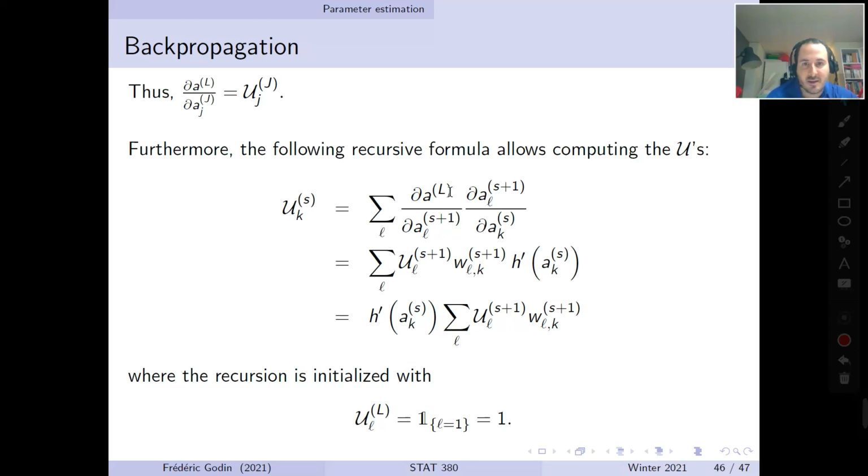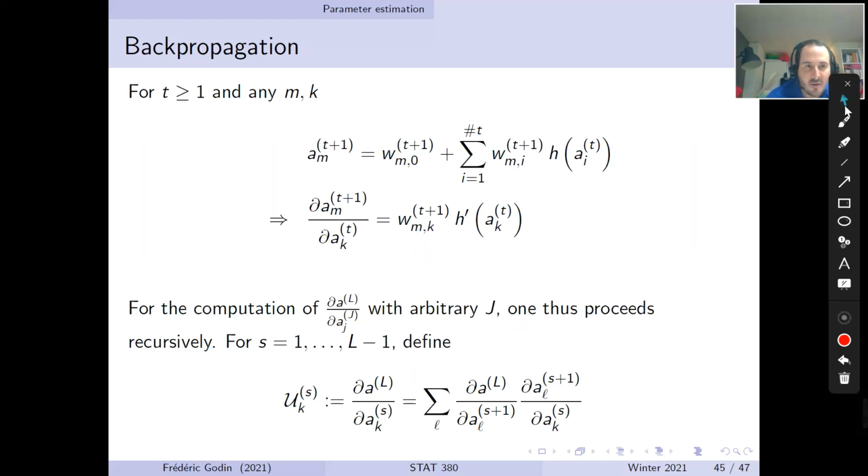Okay, so it's the derivative of the last activation with respect to the lth activation in layer s plus 1. And here this second part, again, as we said, it's of the form that we've outlined.